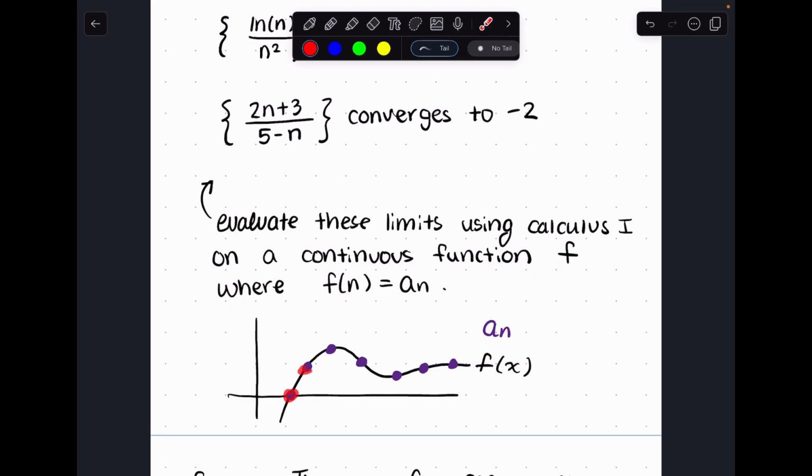And our sequence happens to lie right on this function. So whatever happens to this function, if this function has a limit, then our sequence has a limit. If this function blows up to infinity, then our sequence blows up to infinity. If the limit of our function does not exist and it oscillates, our sequence is going to also oscillate. So that's what we're looking at.